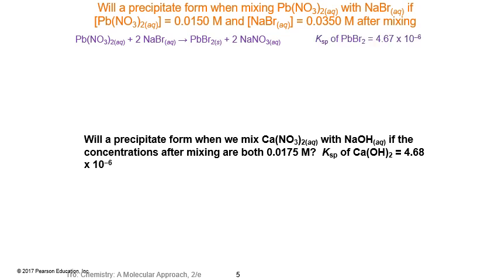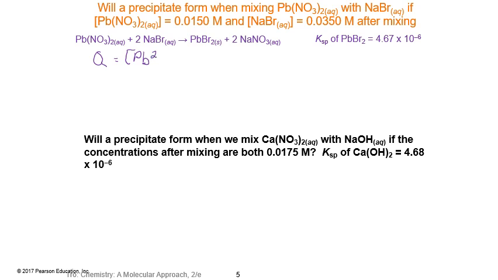The KSP of lead bromide is 4.67 times 10 to the negative 6. And so in order to calculate this, we want to compare Q to that KSP. So the Q that we want to calculate is going to be for the lead bromide.